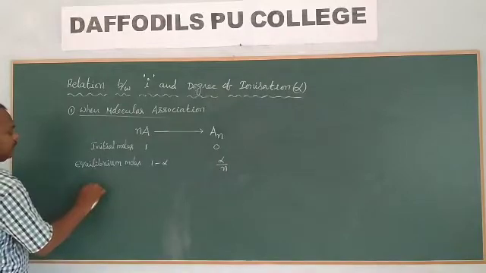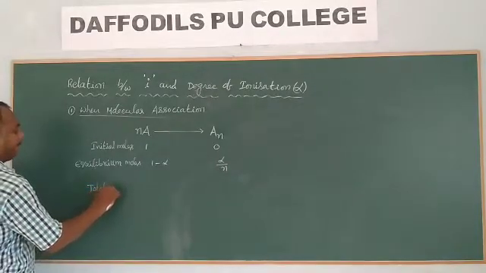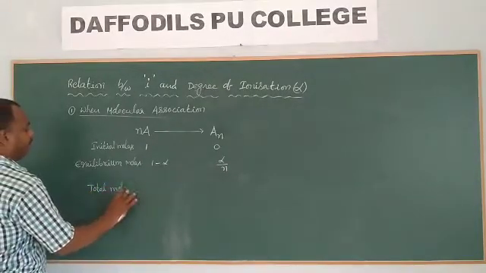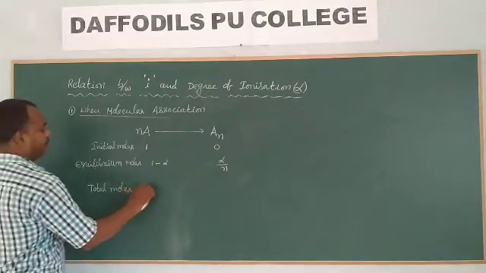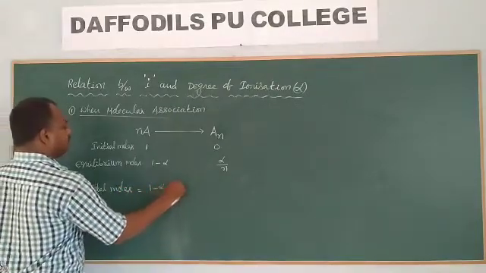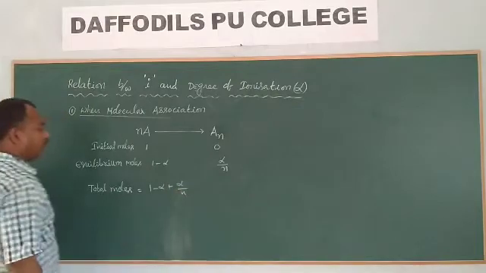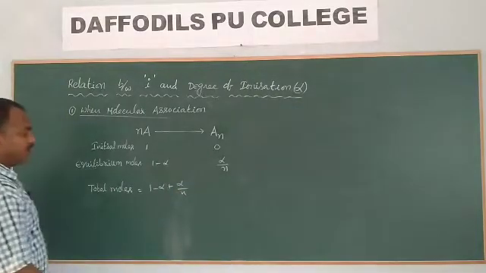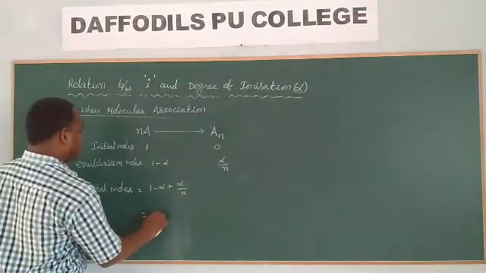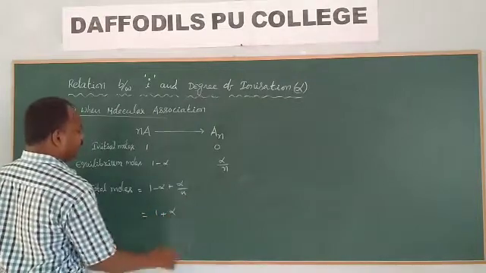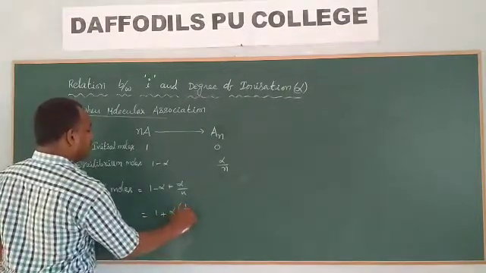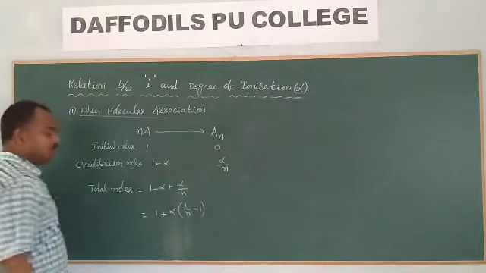Total moles: 1 minus alpha plus alpha by n. Total number of moles is 1 minus alpha plus alpha by n. So 1 plus alpha into (1 by n minus 1).